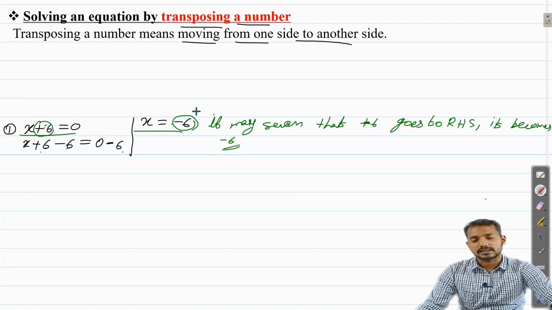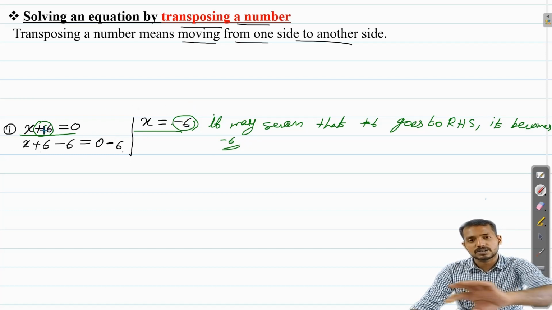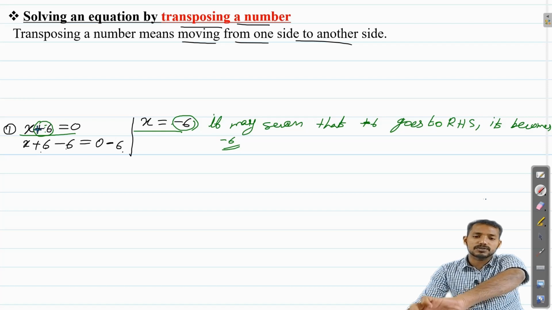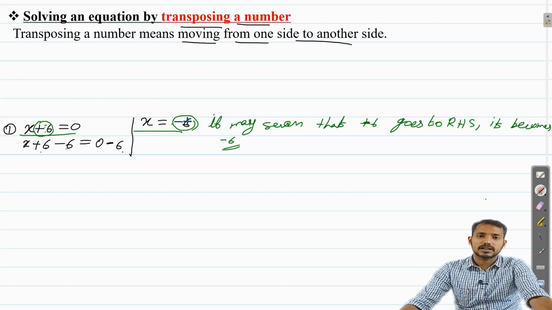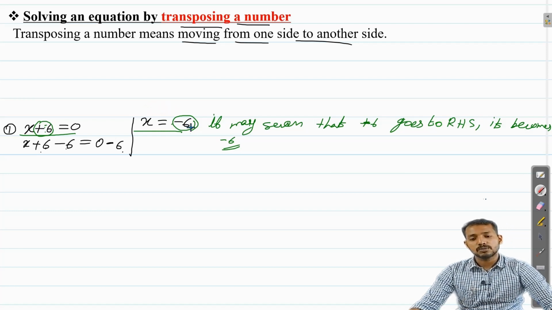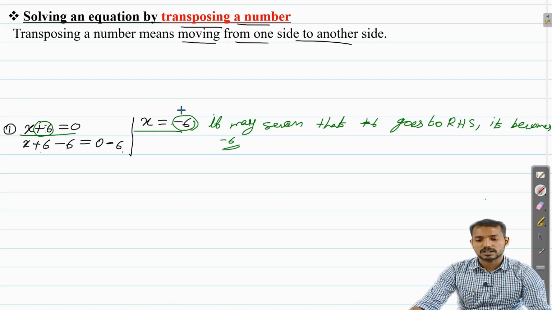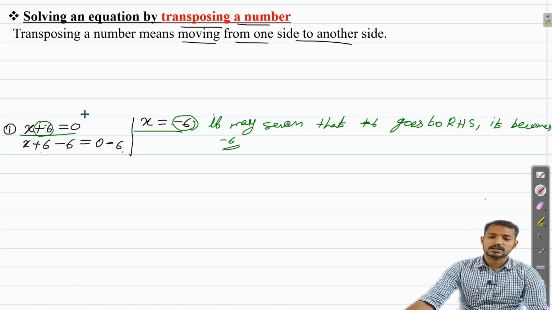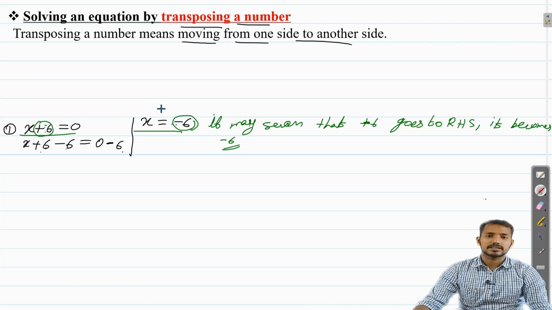That means when a plus term is moving from the left side to the right side, it changes to minus. Numerically it is equal, there is no change, but the sign is changing from plus 6 to minus 6.